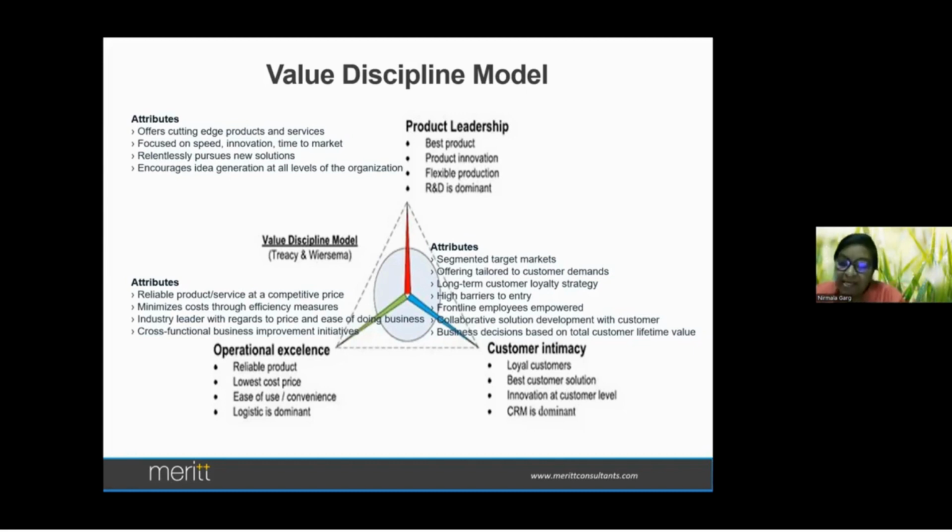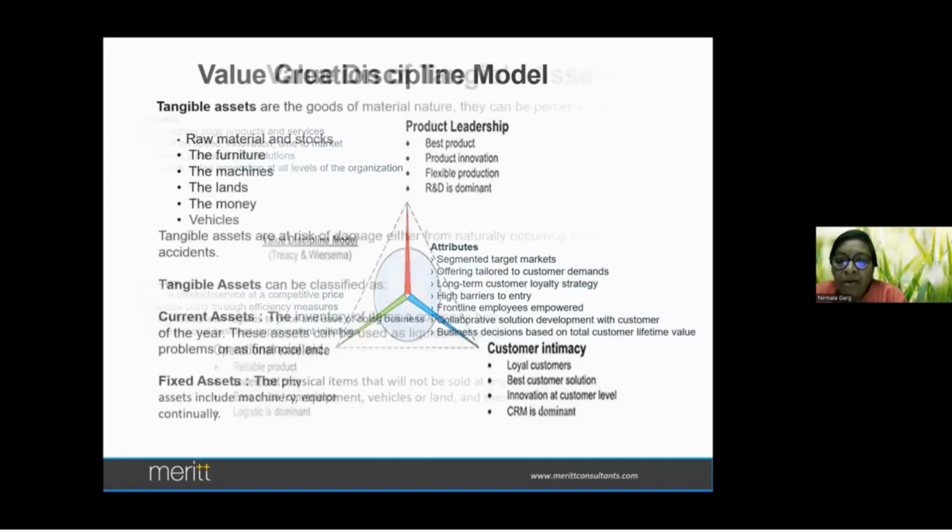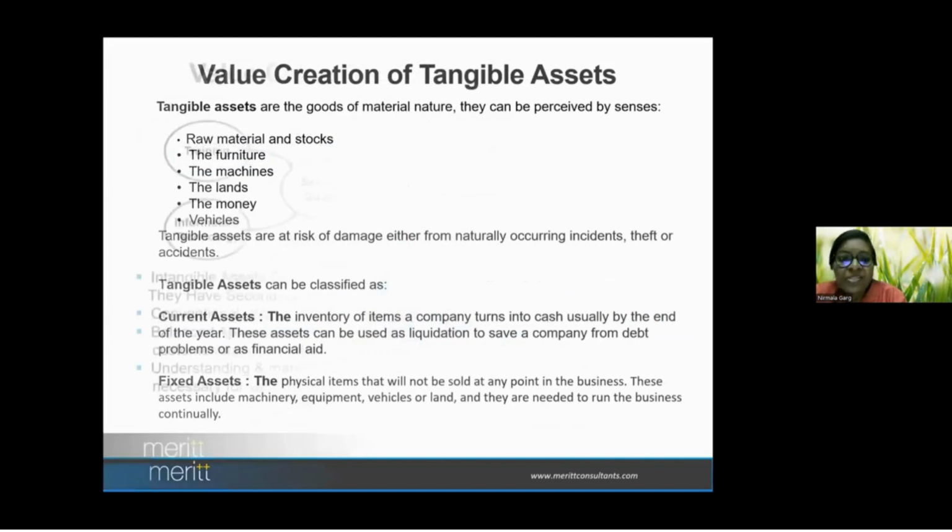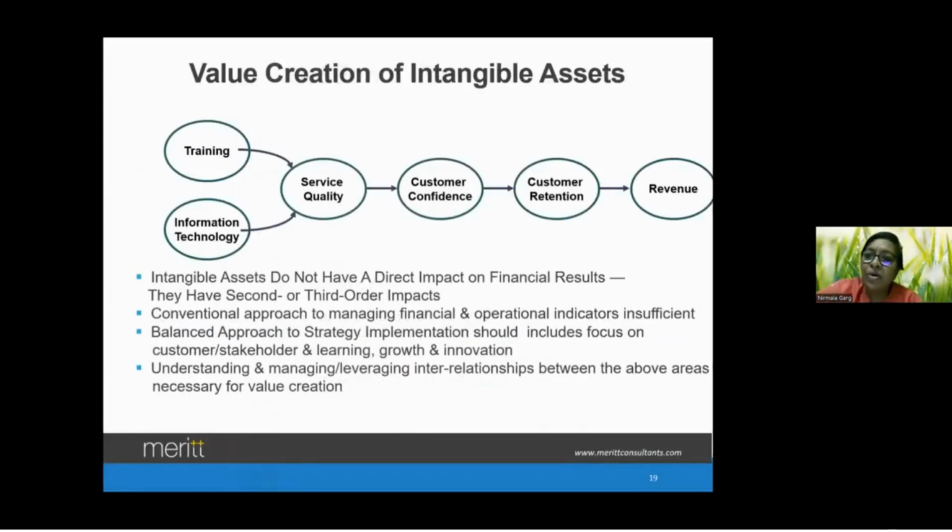So that we are able to make an impact on the business outcomes. Okay. So having said this, this is how I was talking about trying to create value. How does HR create value? Supposing revenue is your financial dimension, and then the customer dimension, how do you deliver value to the customer?